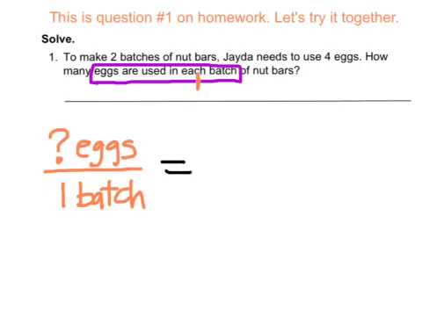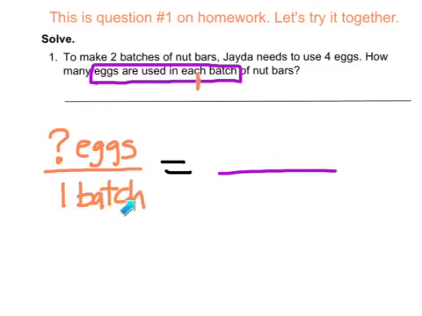To find this, we're going to look at the other part of the question and see what it tells us about the batches of nut bars and the eggs used. When you look back in the first part of the problem, it says 2 batches, 4 eggs. Now to make sure we get this set up correctly, whatever your unit is on the top needs to be the same on the top in your next fraction.